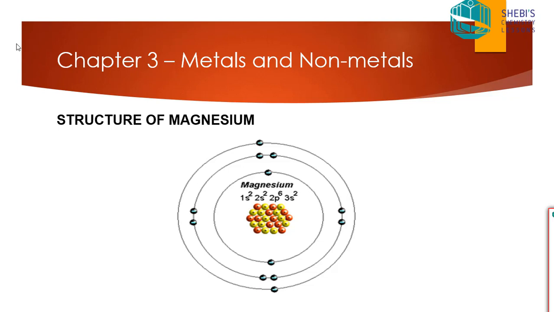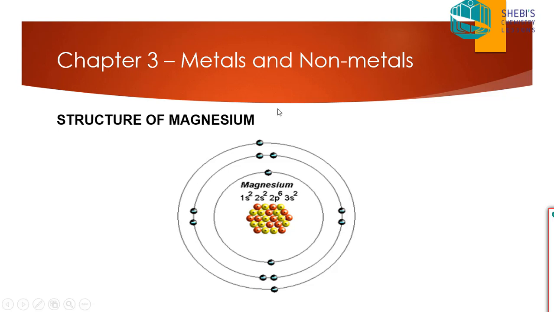Therefore, its electronic configuration is: first shell 2 electrons, second shell 8 electrons, and the third shell, the M shell, contains 2 electrons. Magnesium is always trying to get the octet by losing those 2 electrons. So in magnesium, 2 electrons are ready to be donated. You have to keep that in your mind.